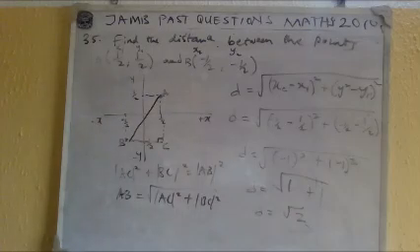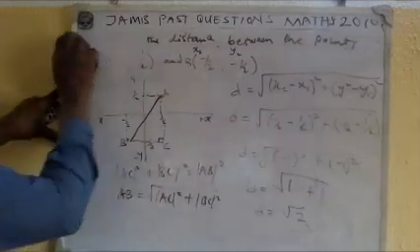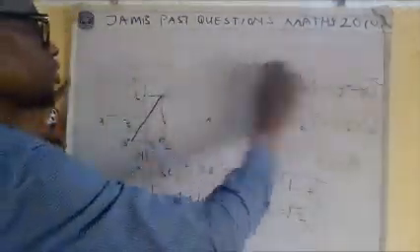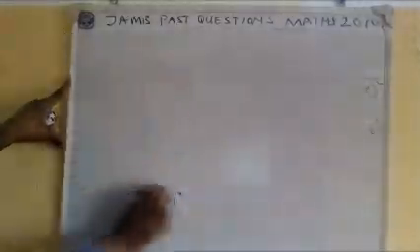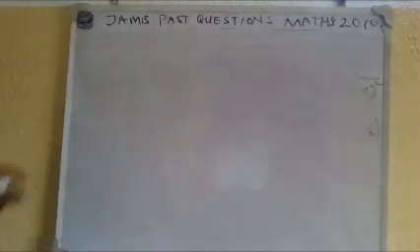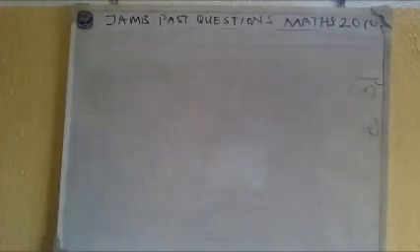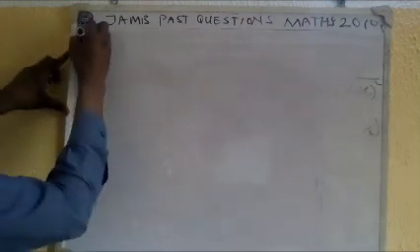The gradient of the line passing through points P and Q. Let's find the gradients. You see how these questions are structured? When they come to a topic, they just pick all the questions on that topic. So it says, 36.